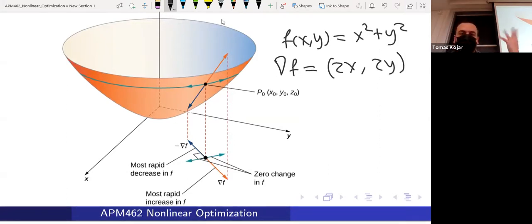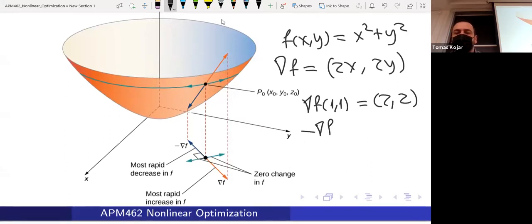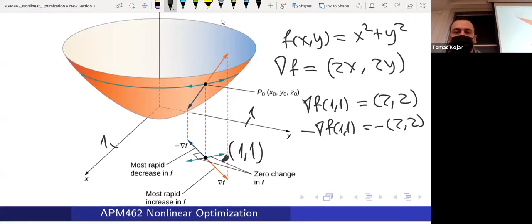So then, let's say at 1, 1, this is equal to 2, 2. So then minus the gradient of f at 1, 1 is equal to -2, -2. So if you're over here at 1, 1, then you want to move in this direction, to the negative, to the -1, -1.